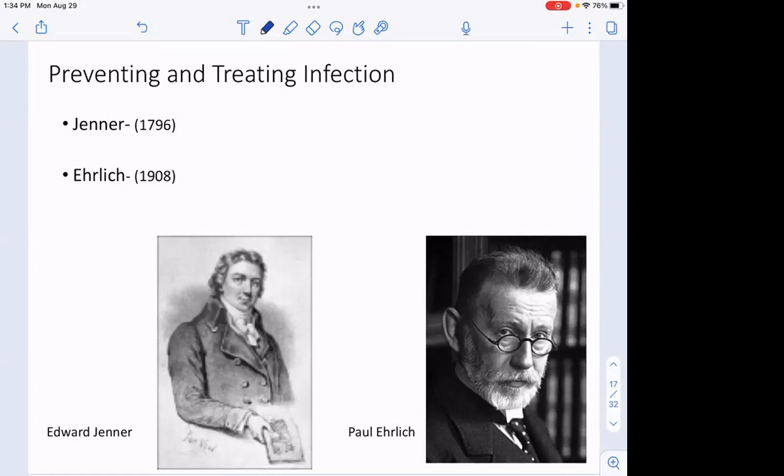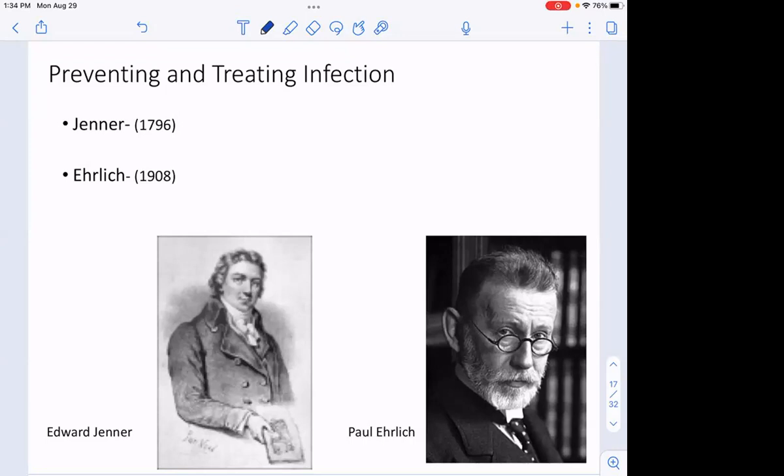He noticed, or at least he's given credit with noticing that milkmaids that got cowpox, a milder infection than smallpox, very rarely came down with smallpox. So he thought of taking the scabs from the lesions from a milkmaid with cowpox, and he actually cut them into the skin of a 10-year-old boy. Not exactly how we do clinical trials today.